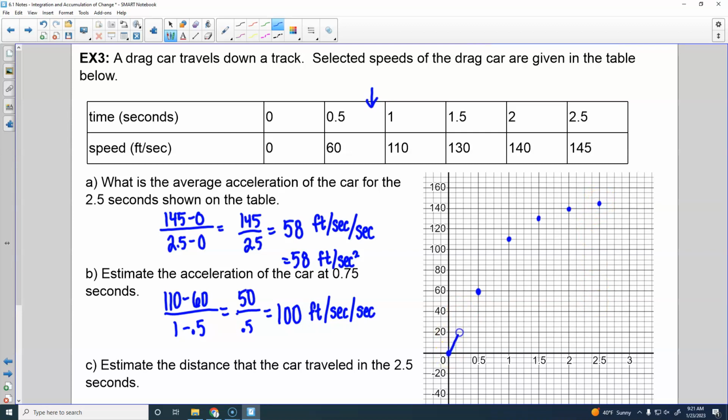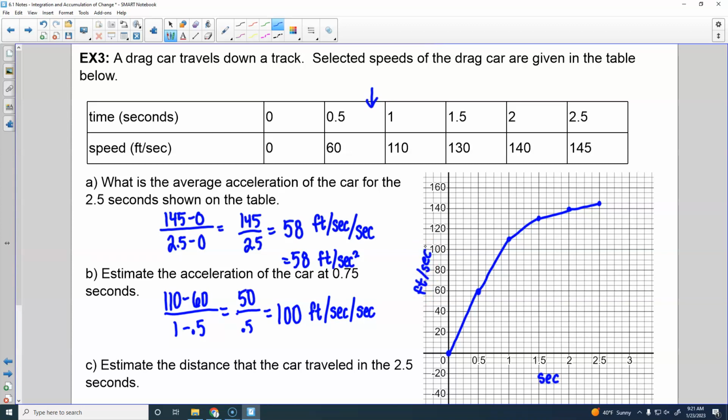So we don't know that we have straight lines here, but the best we can do is put some straight lines there, right? So we've got this graph. All right. So if we want to know the distance the car traveled, our seconds is on our x-axis, our feet per second is here on the y-axis.